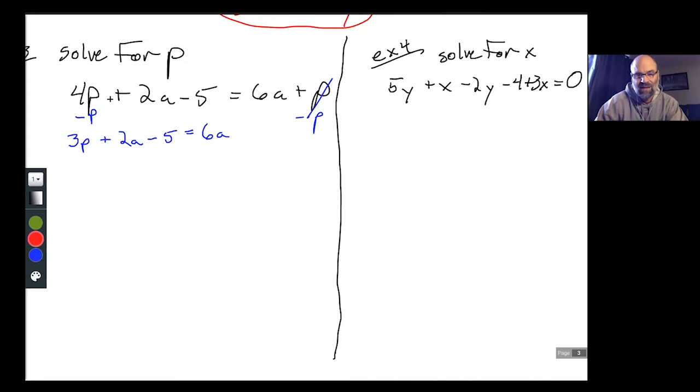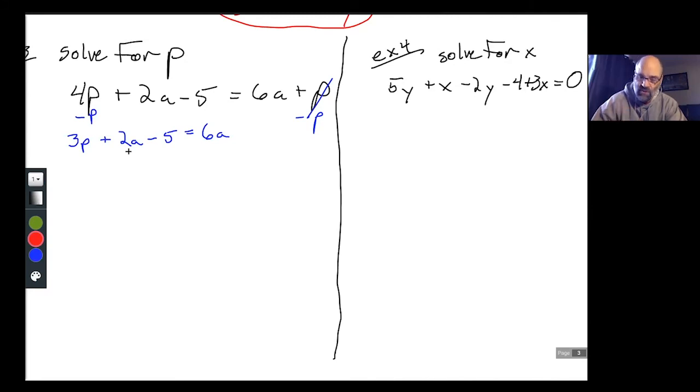Step 3 is get rid of the constants. Well, in this case, there's more than one constant. So you have to treat the other variables like a constant term. So if I were to modify step 3 on the board, I would say get rid of constant term on variable side or different variables. Get rid of those. And the way you do that is they're terms. So you add or subtract them. So if 2a is being added here, I'm going to get rid of it by subtracting it.